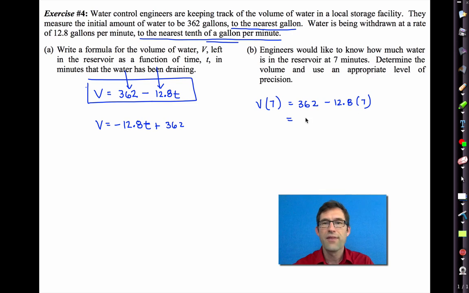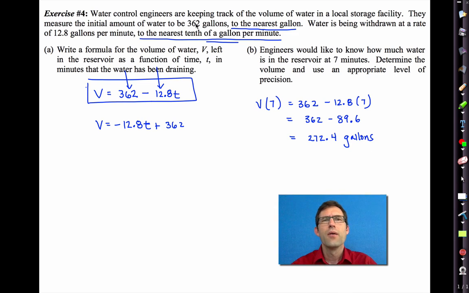All right, and that is going to be 362. Again, you could do this all at once, but that'll be 89.6. And that's 272.4 gallons.